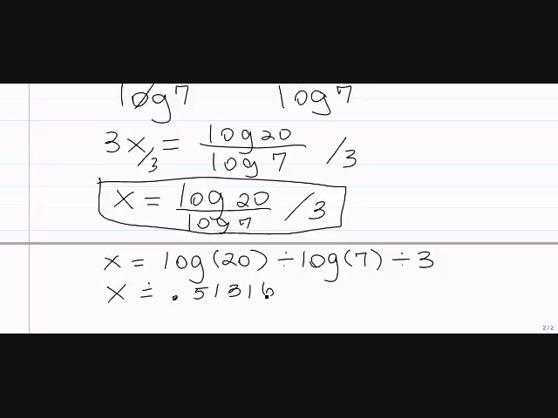Okay, I want to round to 4 decimal places. So I look at the fifth decimal place, that's a 6. That means I take the 4th decimal place and round it up to 2 and get rid of the 6. So now I've rounded to 4 decimal places: 0.5132.